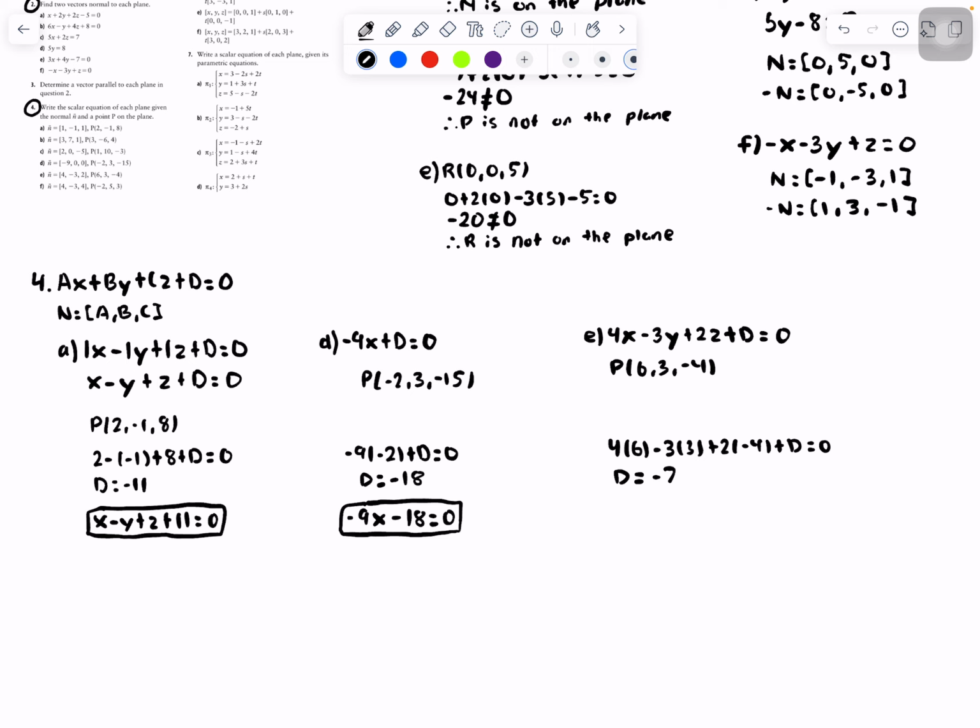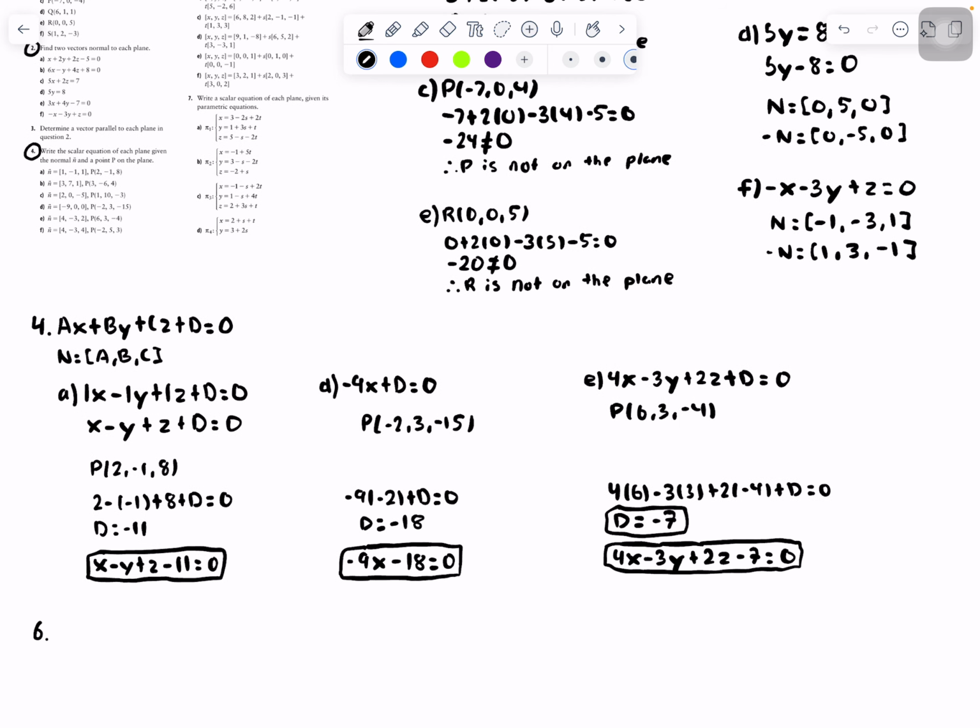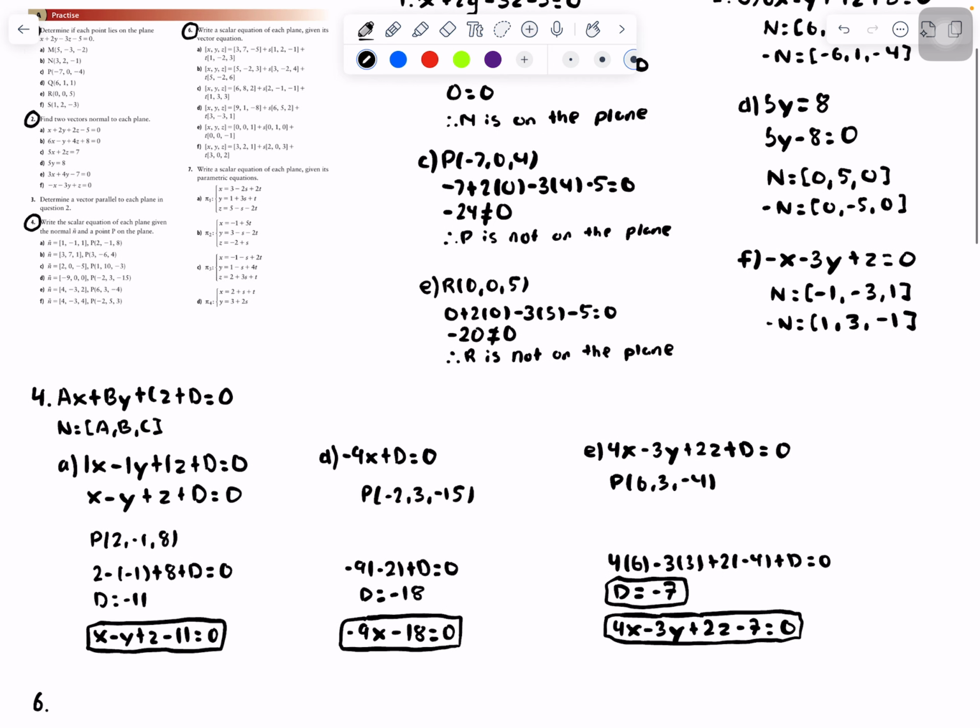Question 6. Write a scalar equation of each plane given its vector equation. So we'll do b, d, f here. To find the scalar equation of a plane, we need the normal vector. And how can we find the normal vector? That's the goal.